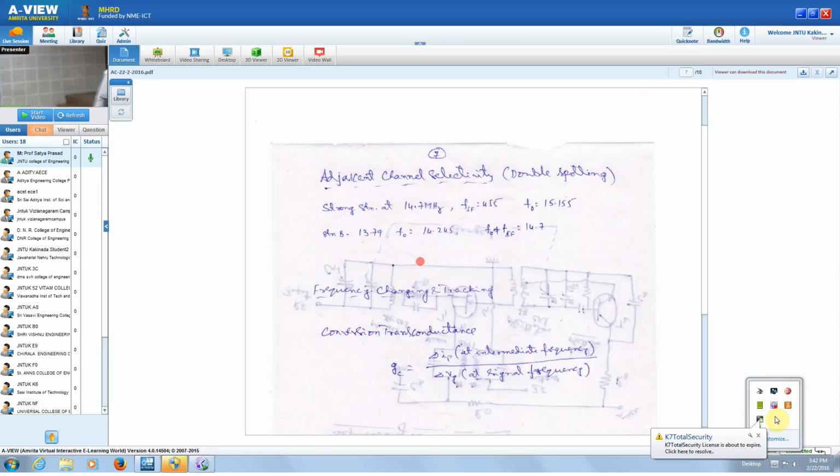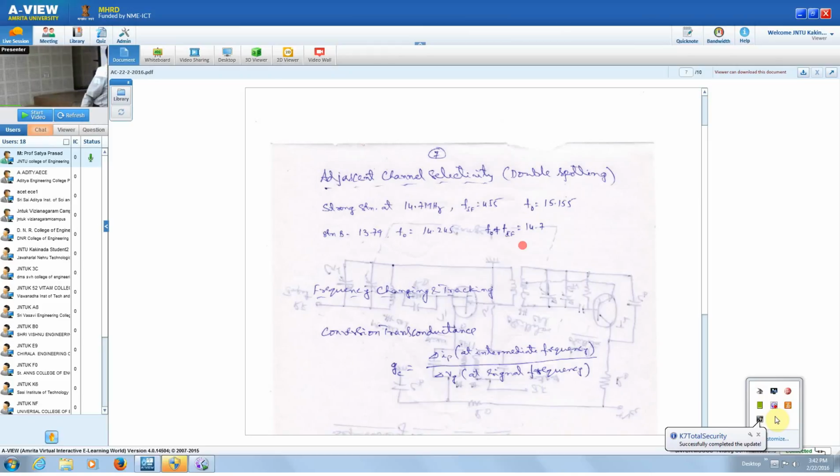With this 13.79, with this F0, the input signal frequency. Whereas your strong station is at 14.7 megahertz.